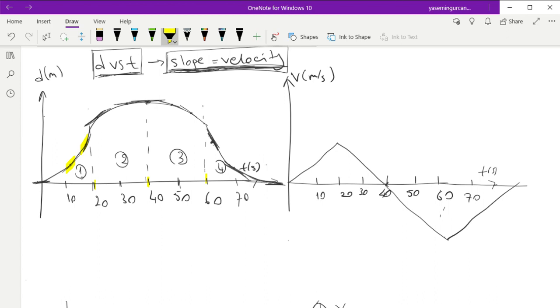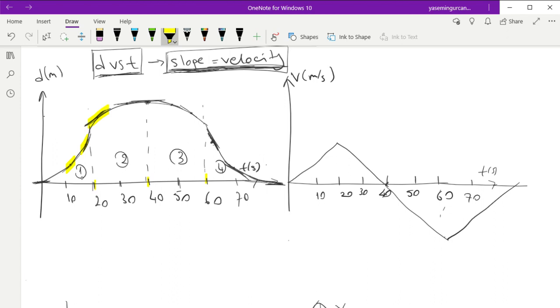In the second region, the curvature is something like this. So you look at the first and the second slope tangents that I draw here. It is closer to the x-axis than the previous one, which tells you that from the first region to the second region, the slope is getting smaller.